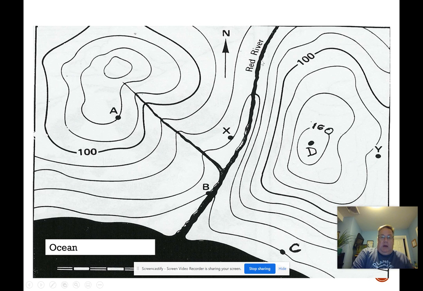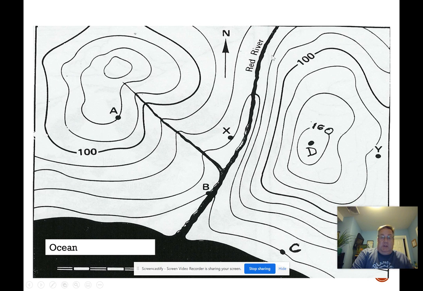Now you'll see here it's telling me north. So I might ask you, what direction is this river flowing? The Red River. We're not talking about this tributary over here to the left. I can see here are those V's. That one's more of a U, but you get my point. It's pointing in the opposite direction the river is flowing.